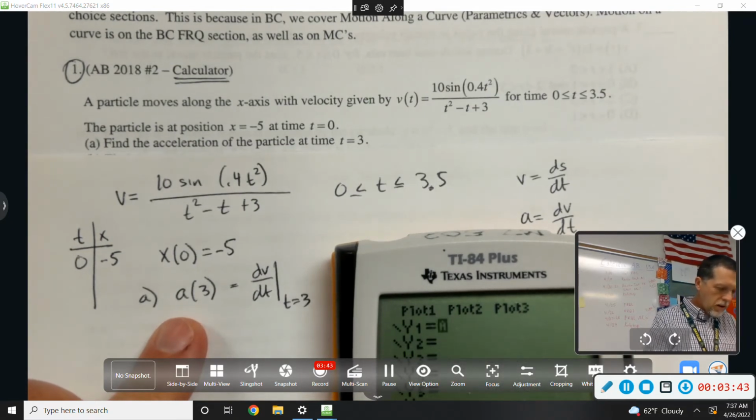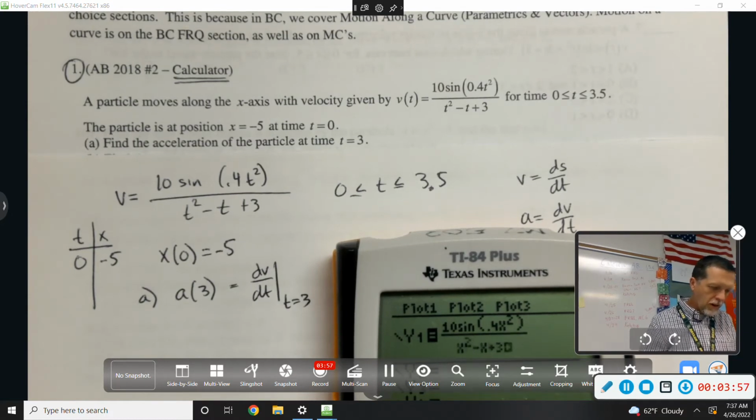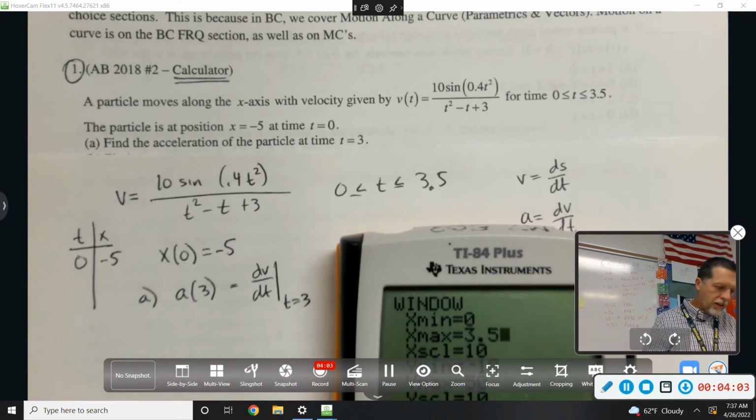So, let's see. 10 sine of 0.4 x squared over x squared minus x plus 3. I'm going to go from 0 to 3.5. The y value, I don't really know what's a good thing to pick.